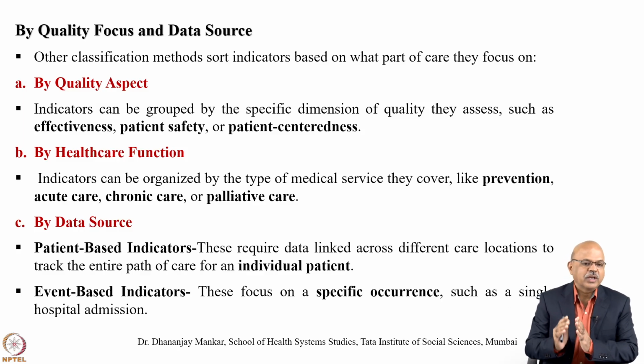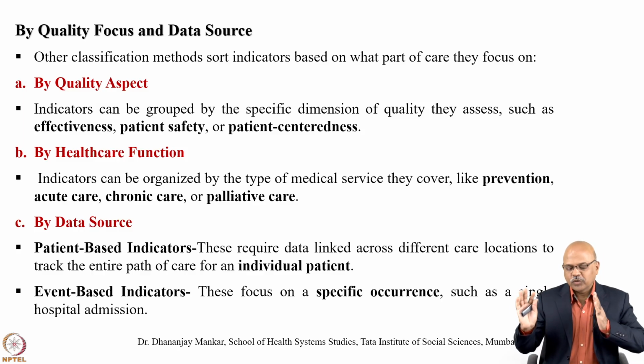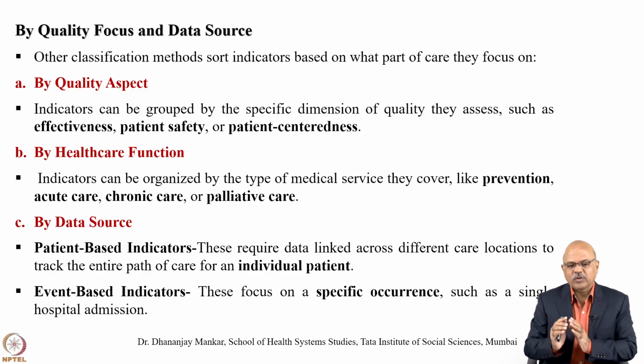So for a patient-based indicator, on an individual basis, you can work on a specific type of patient, segregating with respect to male, female, acute or chronic conditions or a specific disease condition, or you can even focus on pediatric and geriatric patients.